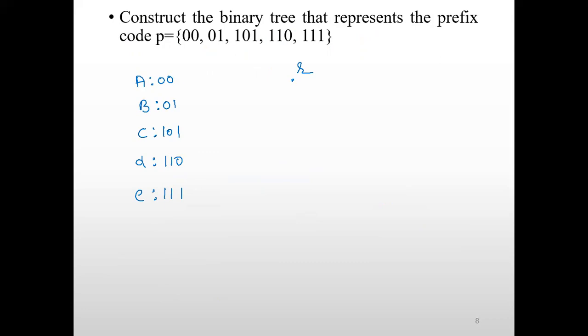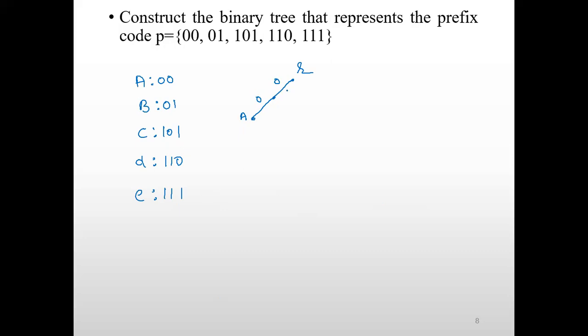Here A has two elements, both are zeros, hence both will be left children.